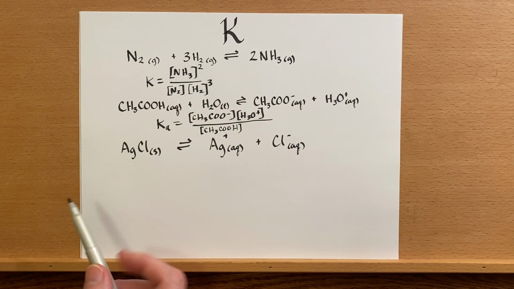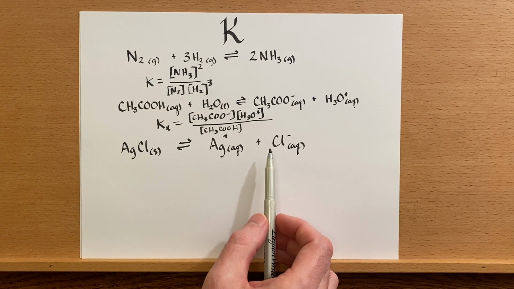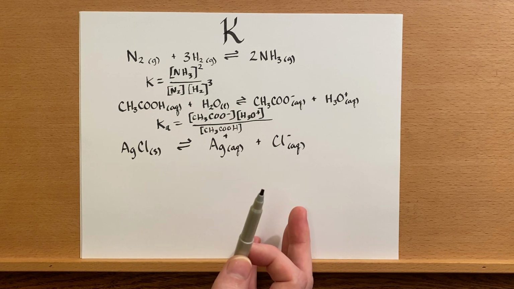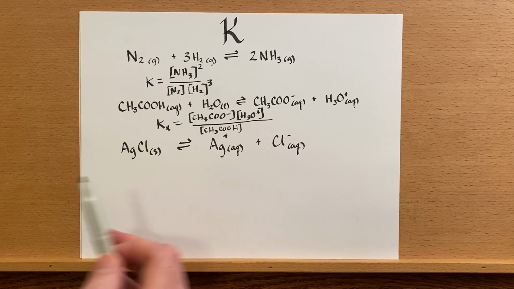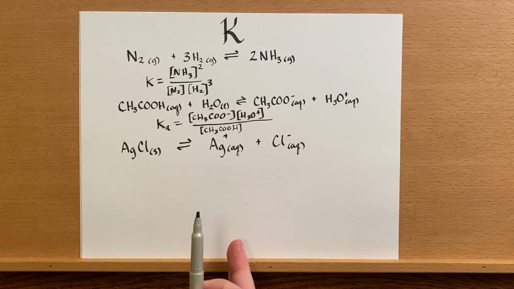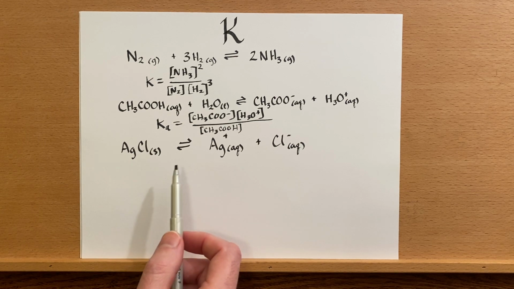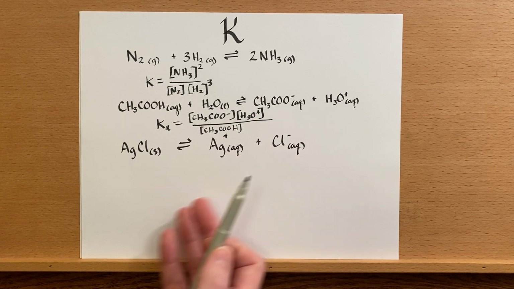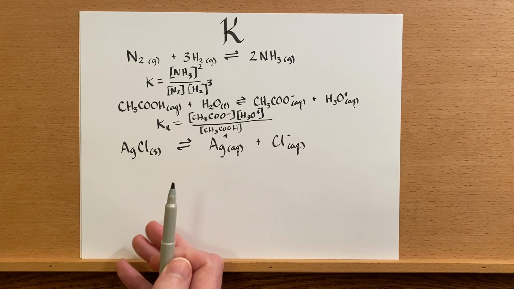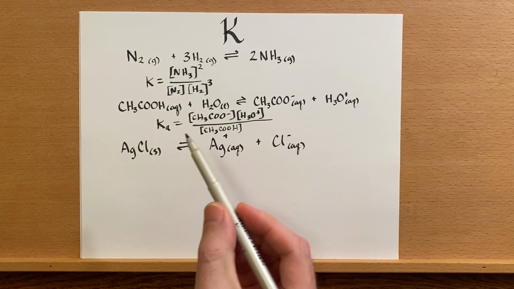Now, if we come down here to the silver chloride equilibrium, this one also has a special name. It's called KSP, which just stands for solubility product. And you'll see why they call it that. You can see why they call it solubility, because this is a solid that is dissolving. So that particular K will tell us how soluble is that salt.